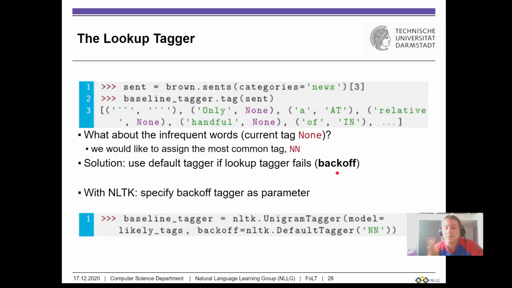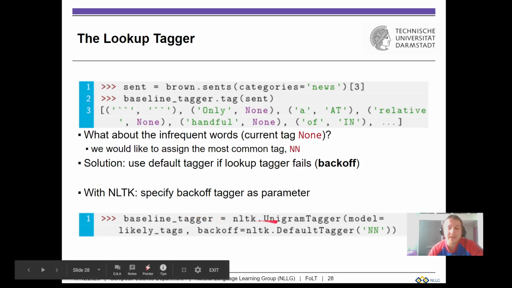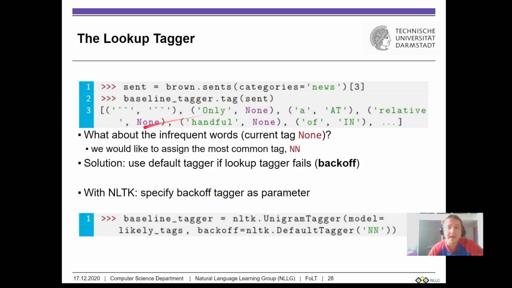We have our more complex tagger, and if it doesn't know what to do, we back off to something simpler. In NLTK you take the unigram tagger, you take its model, which is the most likely tags, and then you take the backoff tagger, which is going to be the default tagger. So this new baseline tagger would label those unknown words with NN, right?